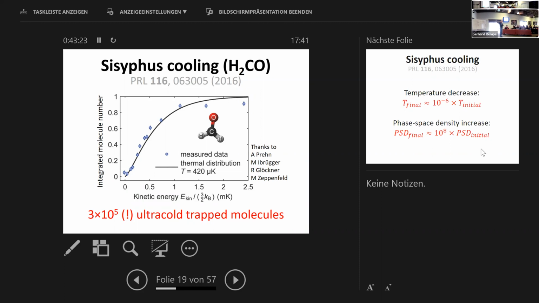Of course, there are plenty of differences between the CH3F molecule and the formaldehyde molecule. CH3F is a symmetric top, this is not such a symmetric top. So there are plenty of differences in practice.